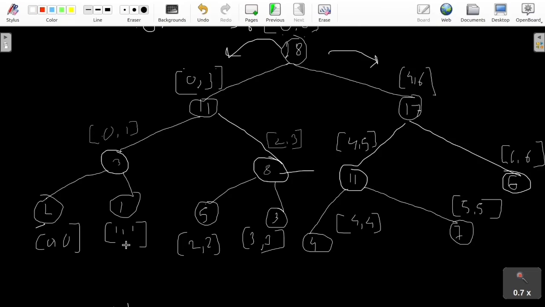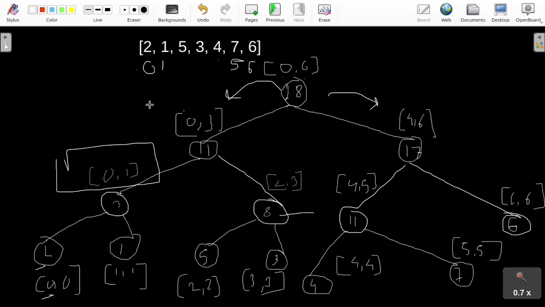Whatever value is at 0, whatever value is at 1, you have to combine them and store in the node which is denoting the range 0 comma 1. At 0 comma 0 we have 2, at 1 comma 1 we have 1. But now I am asking you the sum from 0 to 1. So it will be the sum of the 0 comma 0 and 1 comma 1 ranges, 2 plus 1, 3. That's why this intermediate node is storing 3.